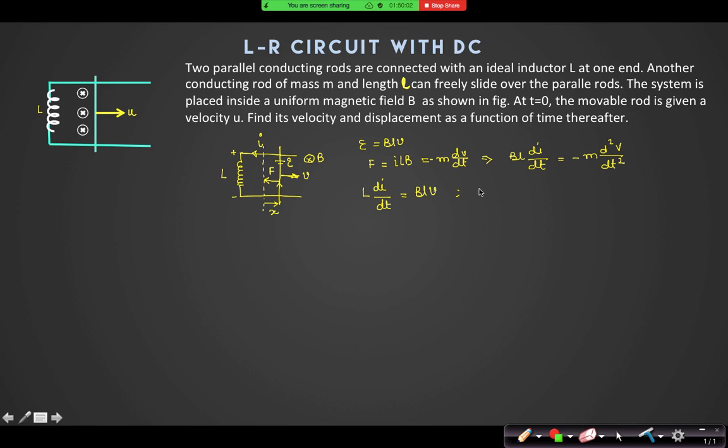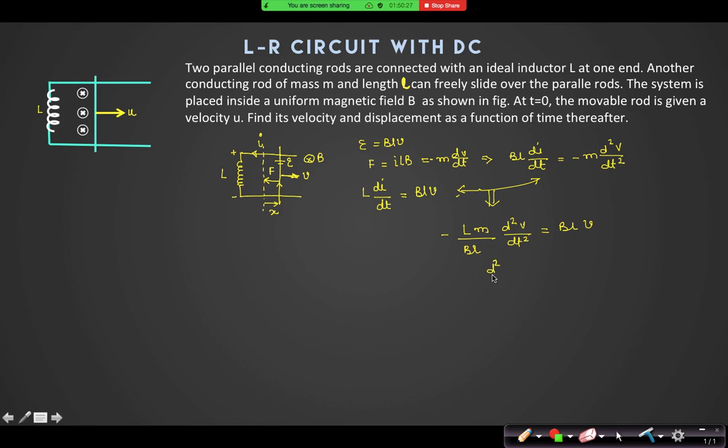Right? Now I will combine these two equations and we can write L into di by dt is minus of m divided by B into L into d2v by dt2 is equal to B into L into v.